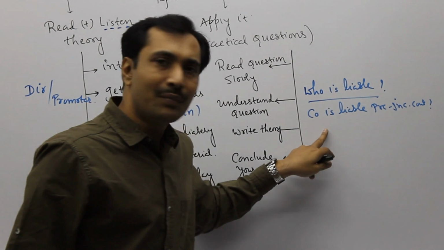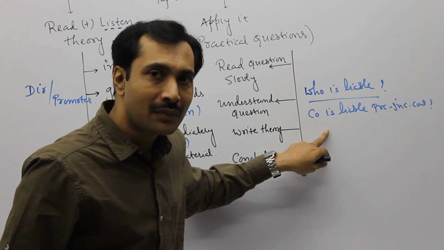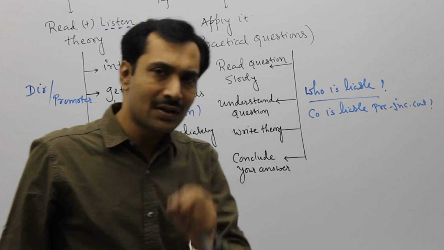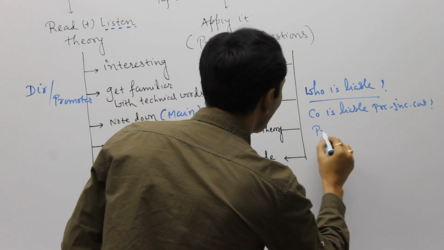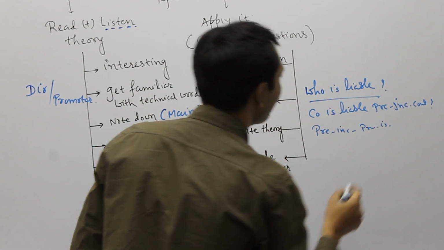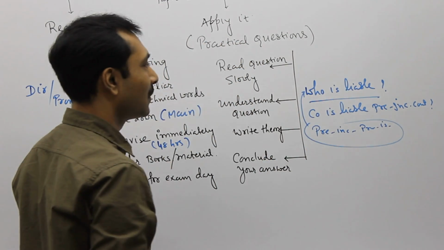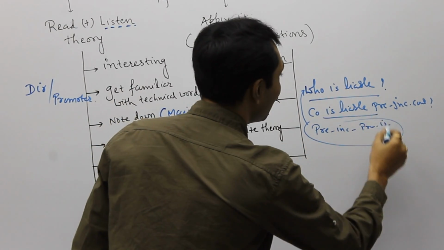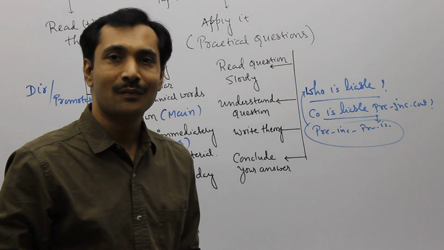Now, the concept is the same, but the question is different. In most answers, you will find the student has written that it is a pre-incorporation contract and then the promoter is liable. Now, promoter is liable, that is correct for the first question, right? Company is liable, for that this answer is not appropriate.